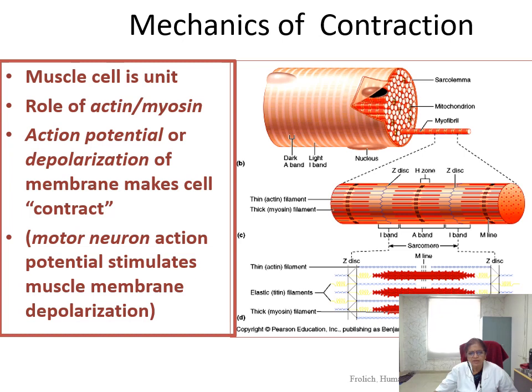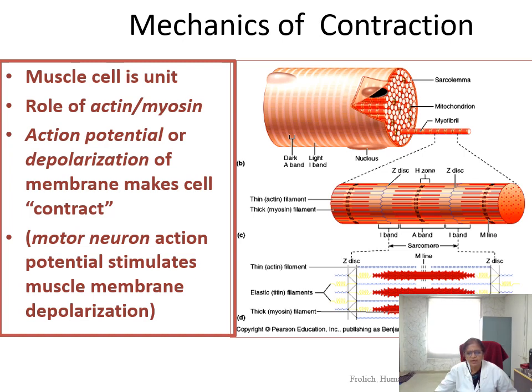Nothing but thick filament and thin filament. Thin filament is made up of actin, troponin, and tropomyosin, whereas a thick filament is made up of myosin molecules. Actin, troponin, and tropomyosin together are called thin filament, or actin filament.